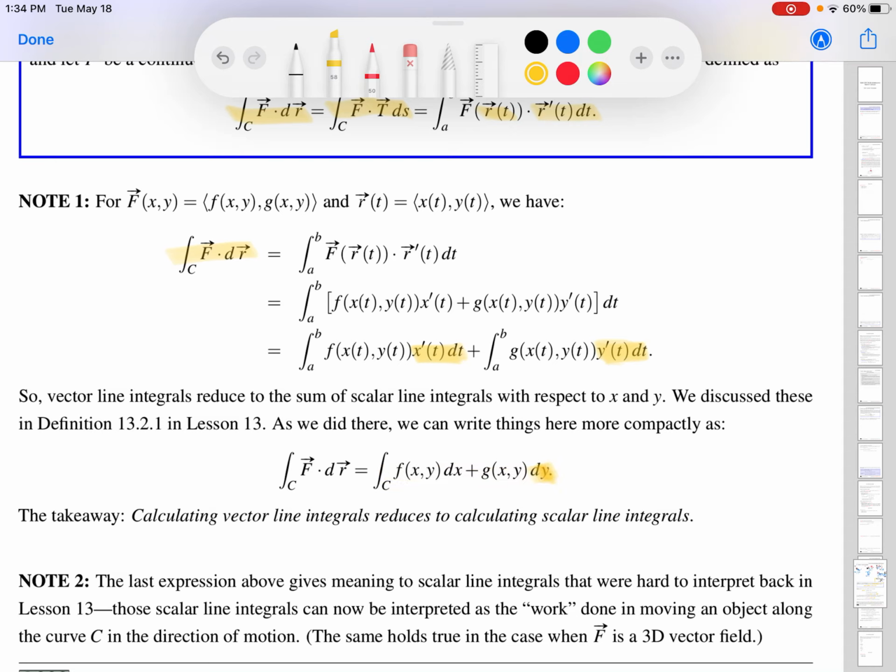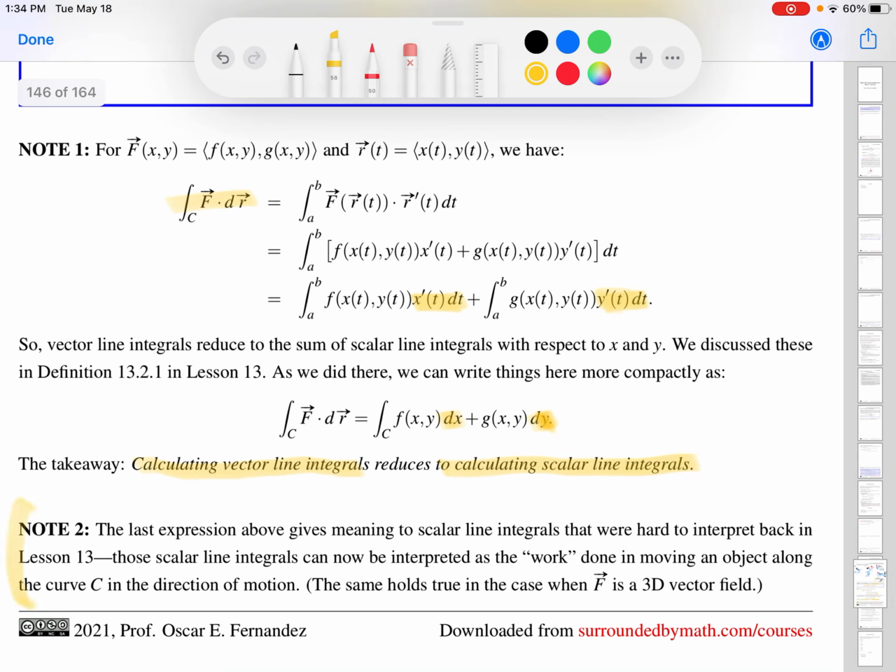In other words, what I say down here, calculating vector line integrals reduces to calculating scalar line integrals, and specifically the ones that involve these coordinate line integrals, dx and dy. So this is what I say here in the second note. We now have some nice meaning to line integrals of this type, even when the f and g functions involve a z, because that effectively just means that the vector field has a third component.